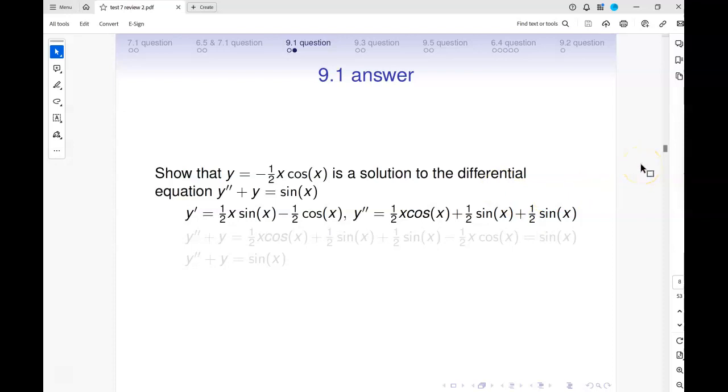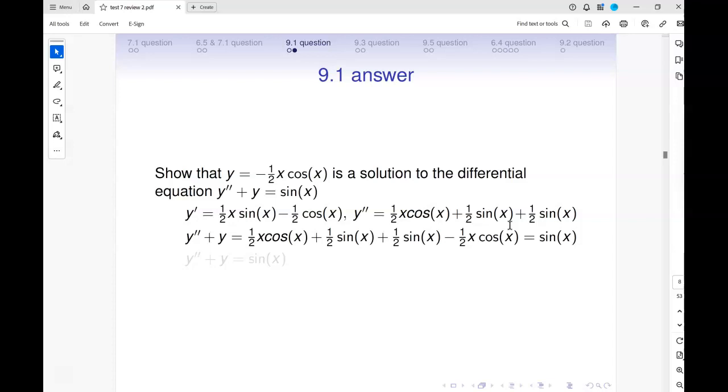So here's my first and second derivatives. That was the hardest part, because when you just plug everything back in, one half sine plus one half sine is sine.